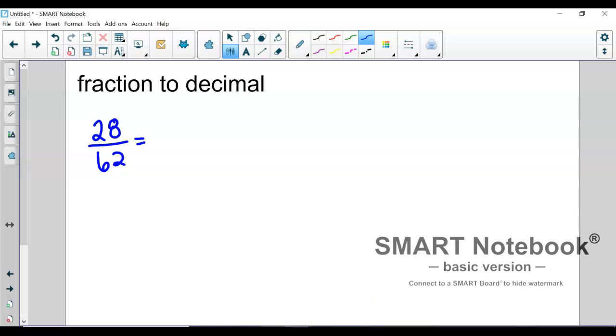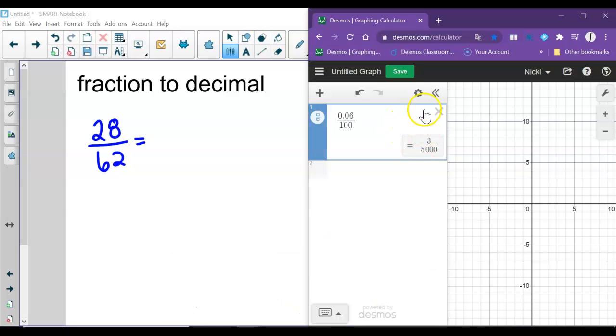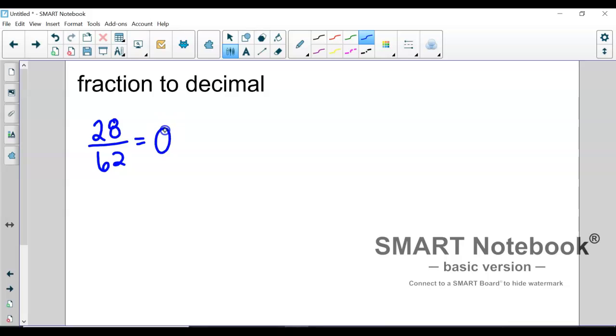So if I pull up Desmos real quick, we're just going to do 28 divided by 62, and it's automatically going to give us a decimal. Now in this case, I've got a rather long decimal there, 0.451 and so on. Keep at least 3 decimal places there.